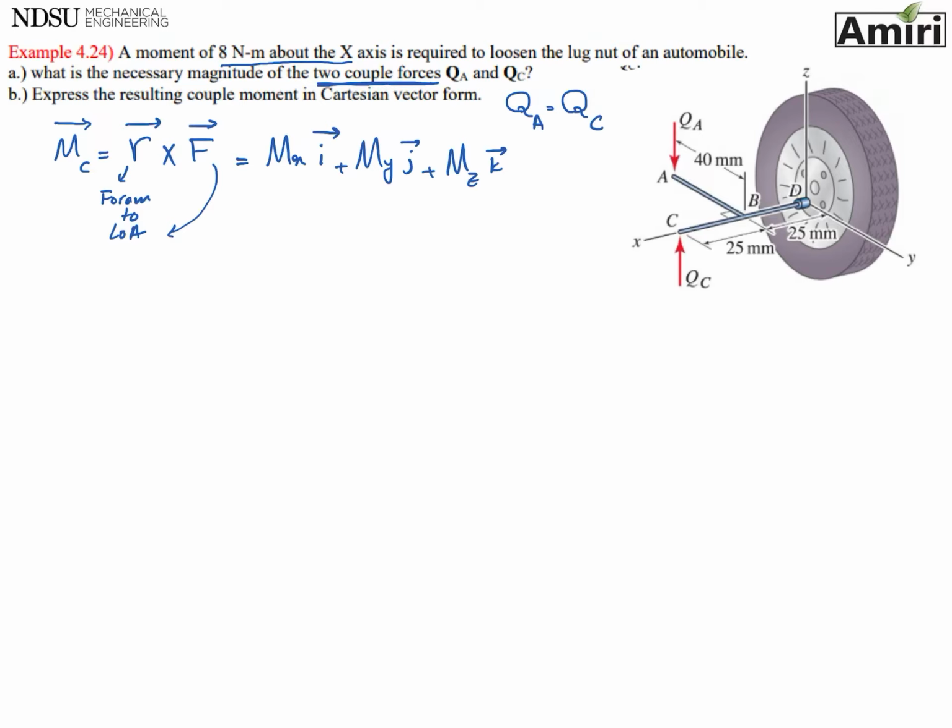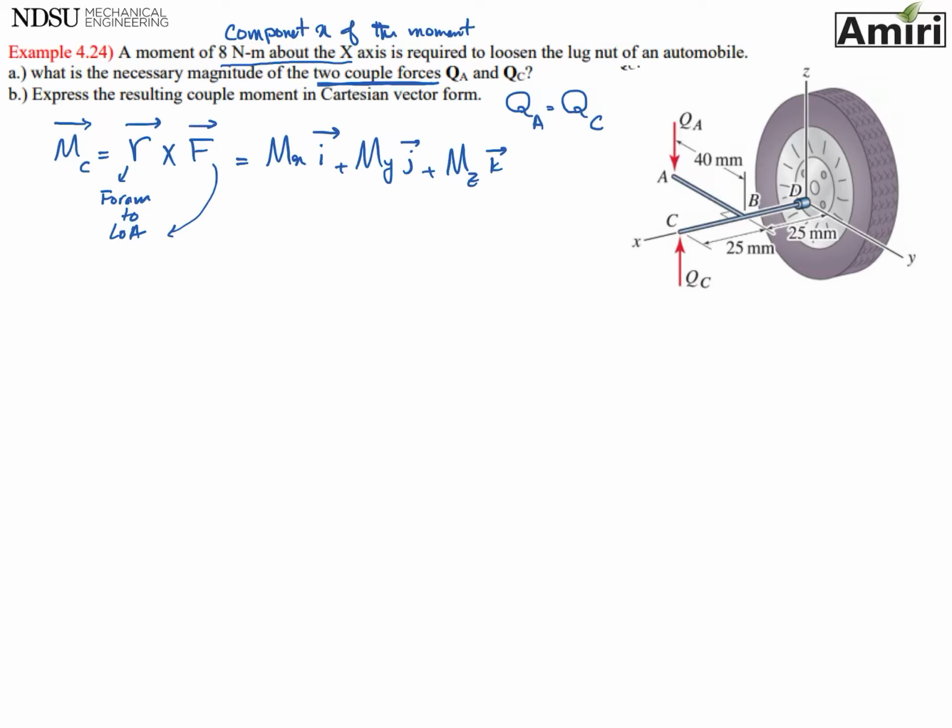It's a vector, right? So it has ijk components. Moment about the x-axis, another word for it is the x component of the moment. That's just another way of saying it.